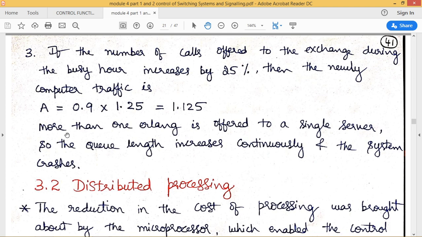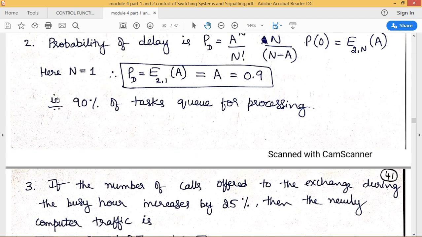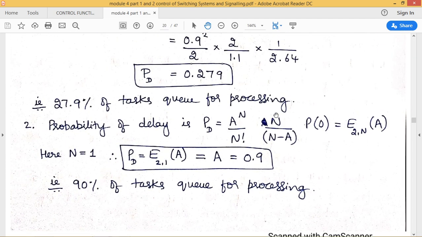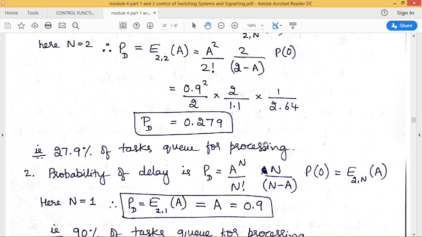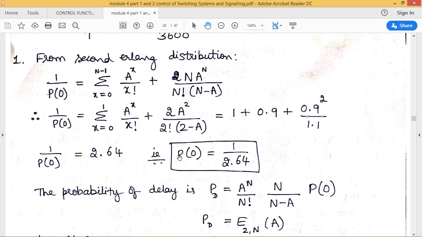And please don't forget to mention these comments once you calculate the required results. So as we have shown here, we have shown with respect to all three different cases.